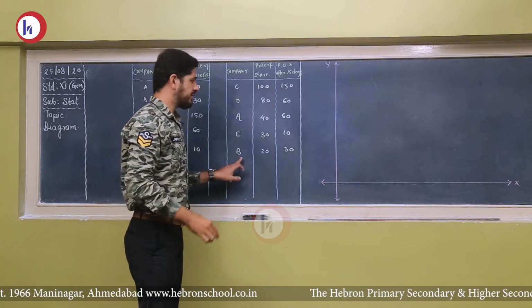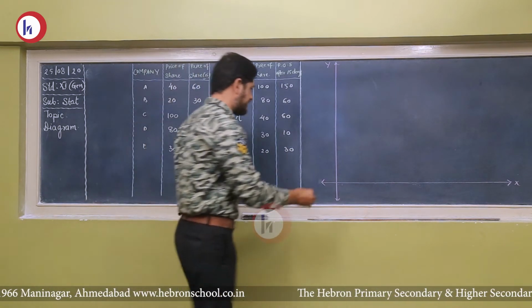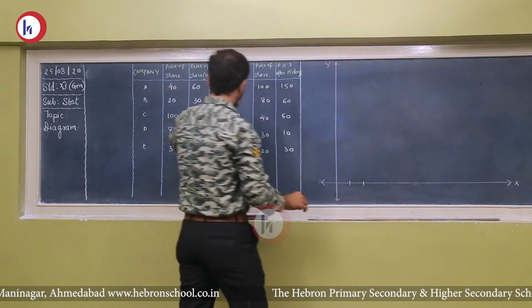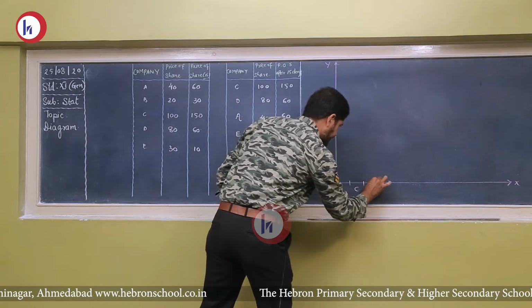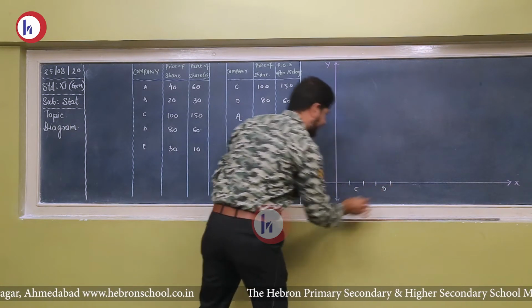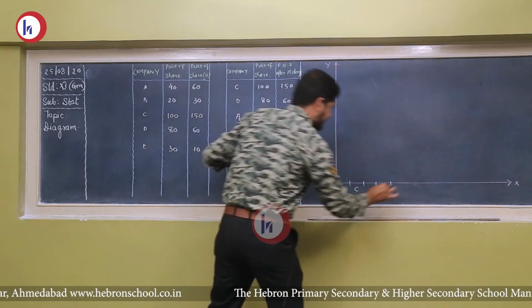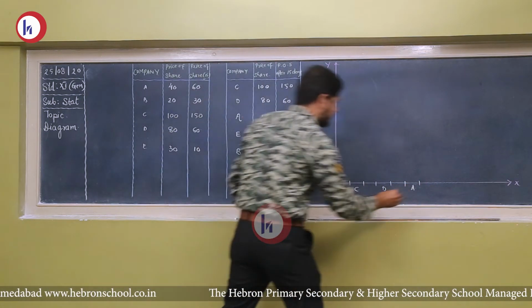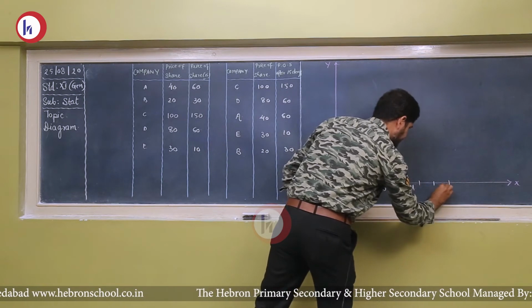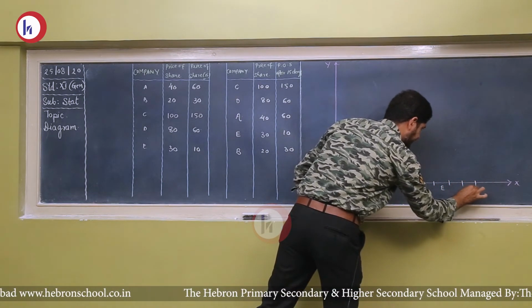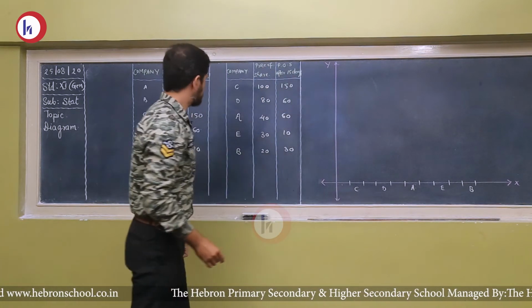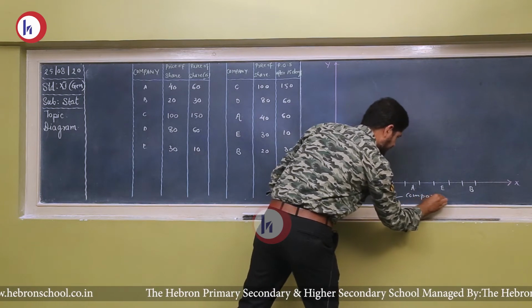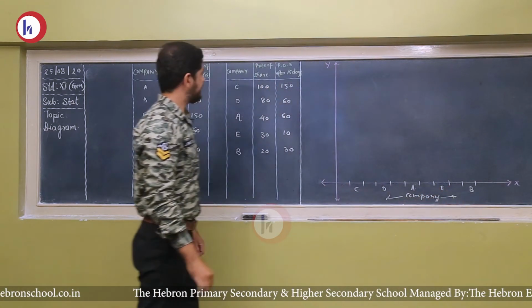Now the name of the company will be represented on the x-axis. So the first one is C, then D, A, E, and finally B. So we noted the companies on the x-axis.